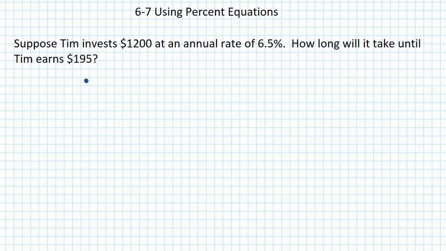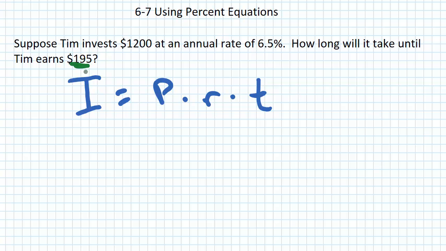So I'm going to go to the formula. Interest equals principal times rate times time, and I'm going to fill in what I know. I don't want to try and rearrange anything yet. I'm just going to go ahead and fill in what I know. The interest is the money he earns. There's $195.